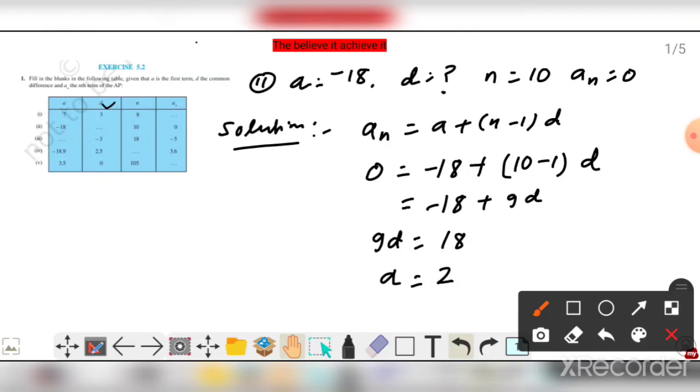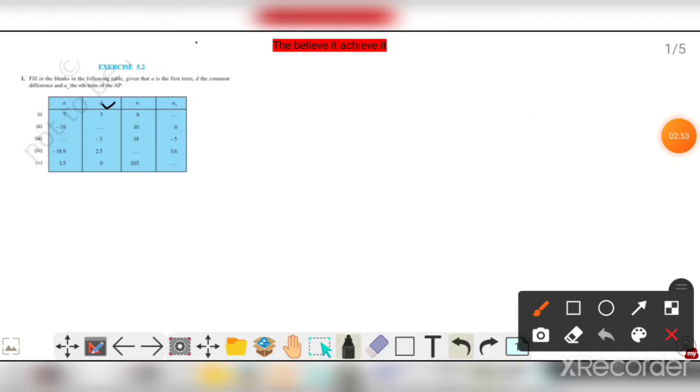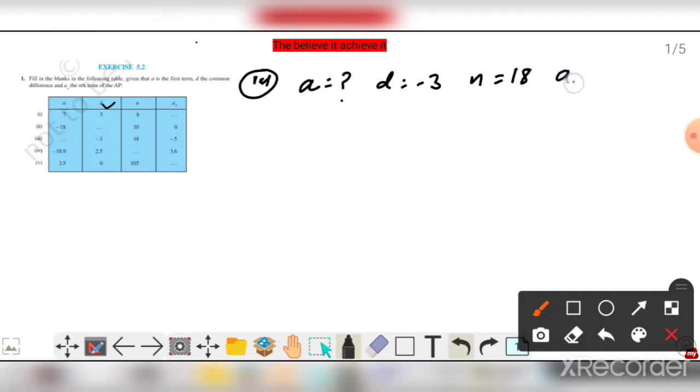I hope you are understanding this. So we'll go through the next question. In the third part of question 1, A we have to find out. D is given, D is minus 3, n is given 18 and An is given minus 5.